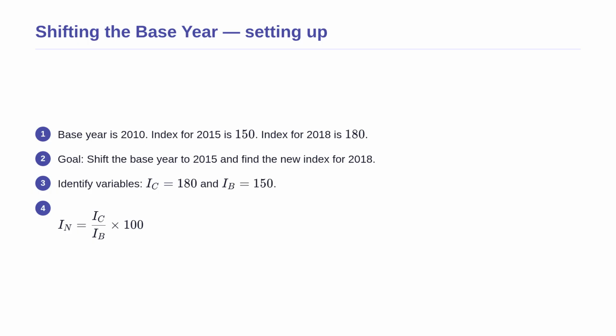Why do we choose this formula? Because we need to recalculate the 2018 index so that the year 2015 acts as the new baseline of 100. We identify our variables. 180 is our current year's old index, and 150 is the old index of our new base year. We set up our standard base shifting formula to scale the old data to the new reference point.